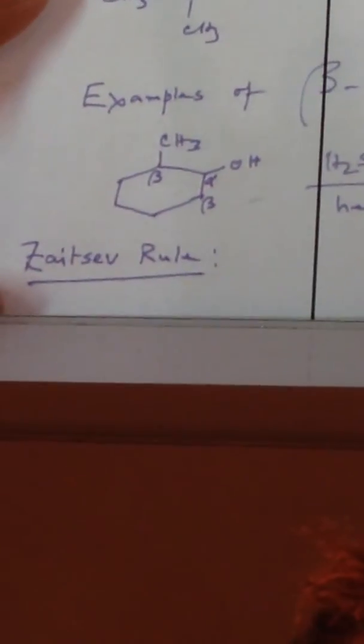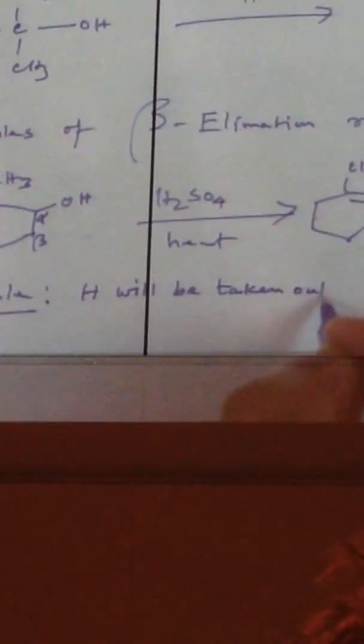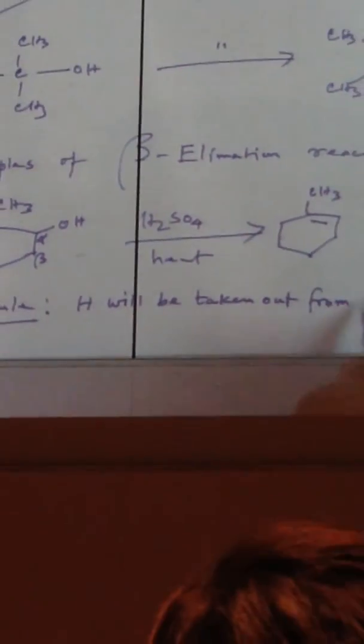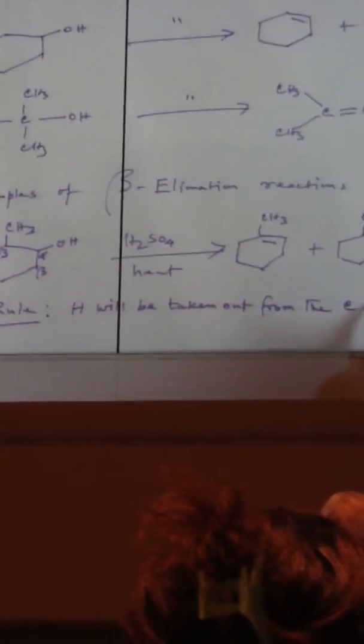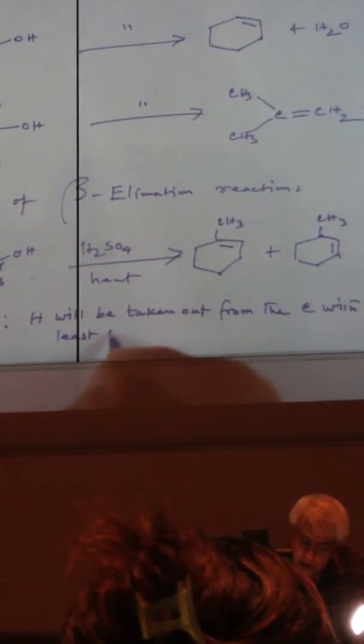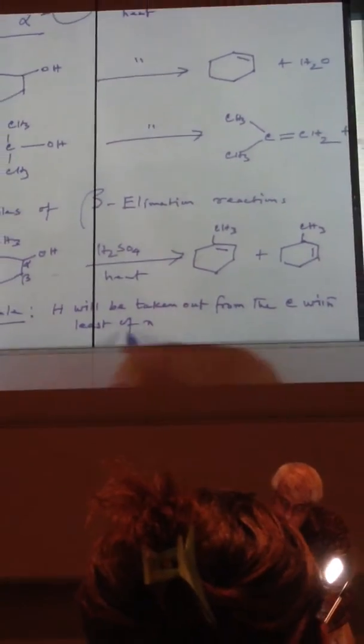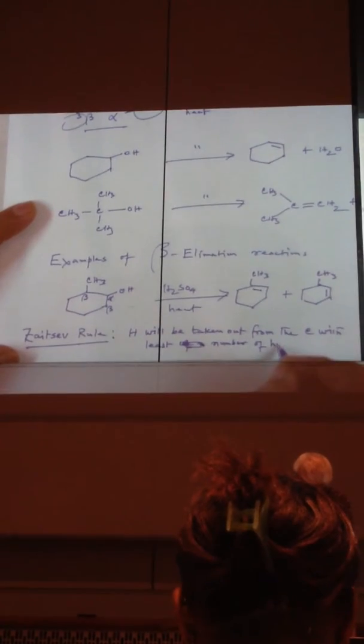According to this rule, the hydrogen will be taken out from the carbon with the least number of hydrogens.